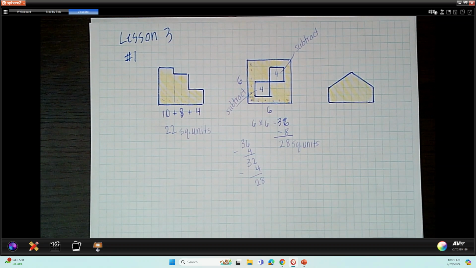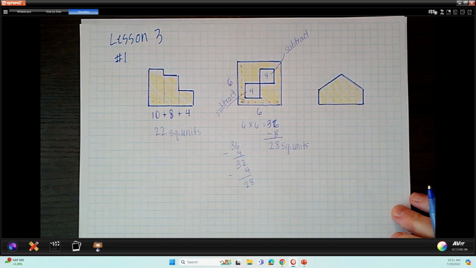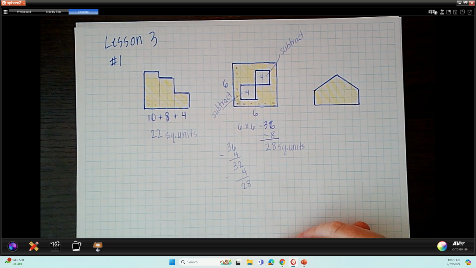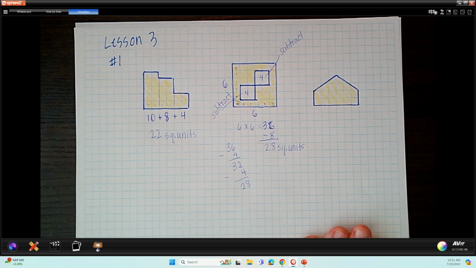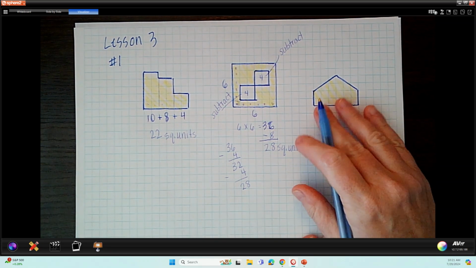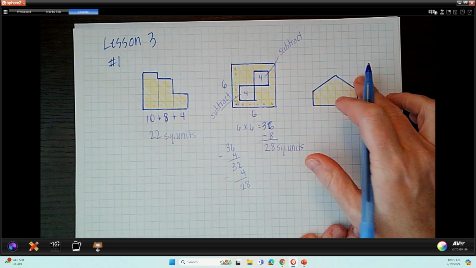Now, the last one kind of looks like a house, right? So remember we learned about rectangles, and half of a rectangle, just like half of a square, is a triangle. So I'm actually going to complete this and make it one big giant rectangle.